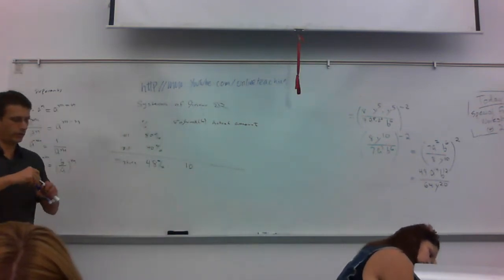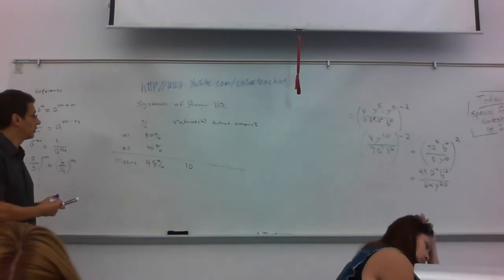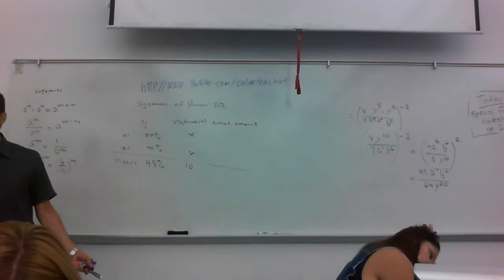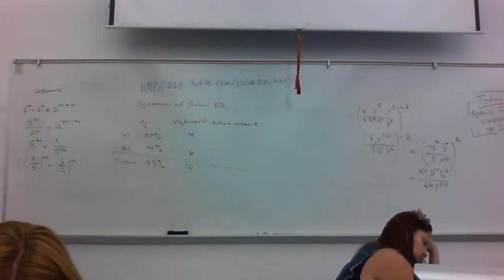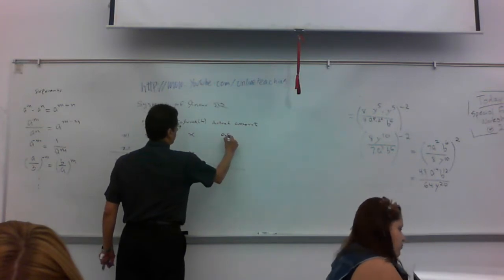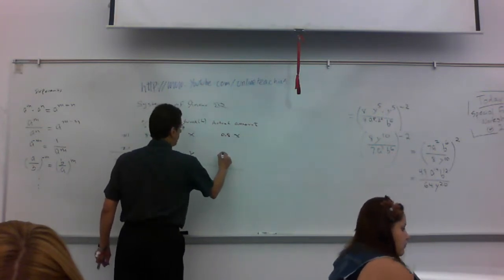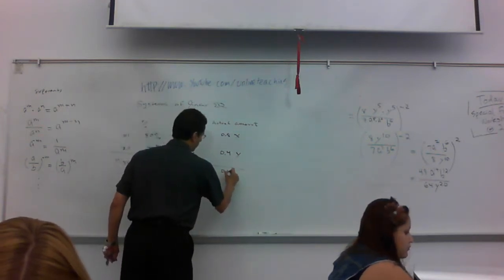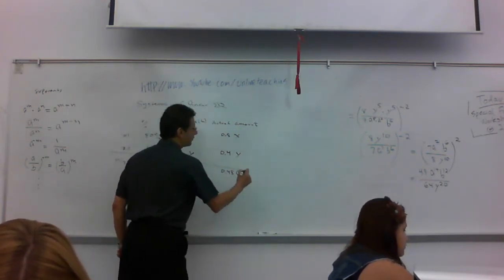So if we want to go with a system of equations, we would say this is x, and instead of saying 10 minus x, we're going to say it's y, right class? So 0.8x, 0.4y, and then 0.48 times 10.